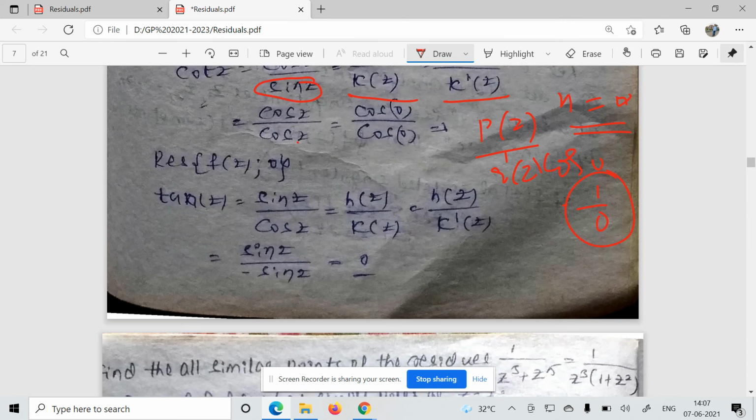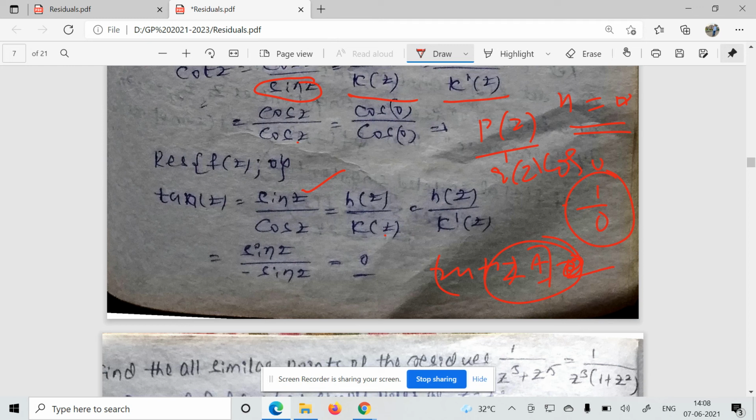Similarly, tan z is sin z by cos z, so h of z by k dash of z, where cos z is 0 at (2n plus 1) pi by 2, the odd values.